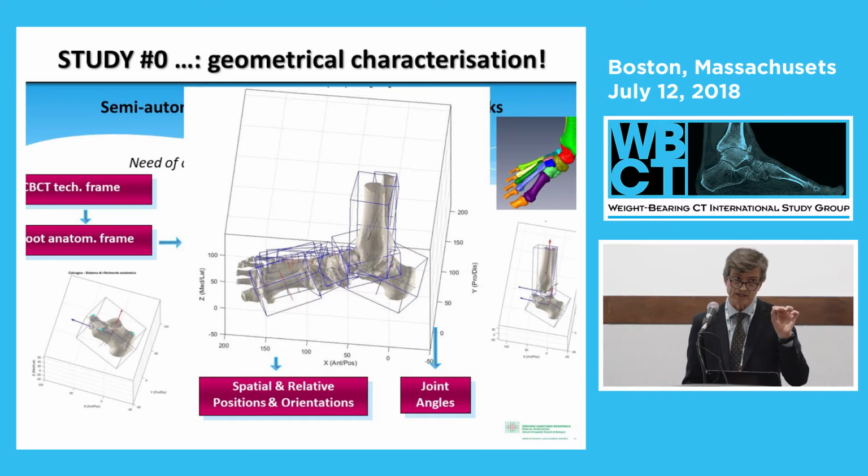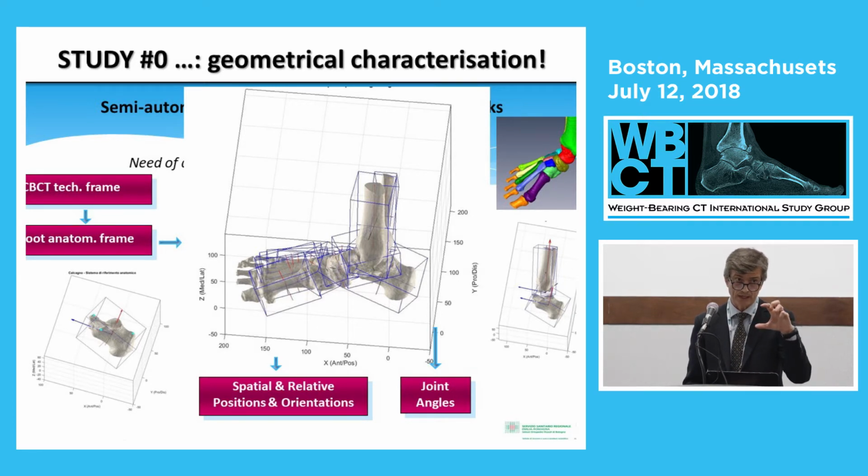Knowing that, we can automatically identify a number of anatomical landmarks, and also calculate the long axis of the metatarsal bone, for example. Using either the principal component analysis, the anatomical landmarks, or the anatomical axis, we can define an anatomical reference frame according to our standard or to your consideration or your needs.